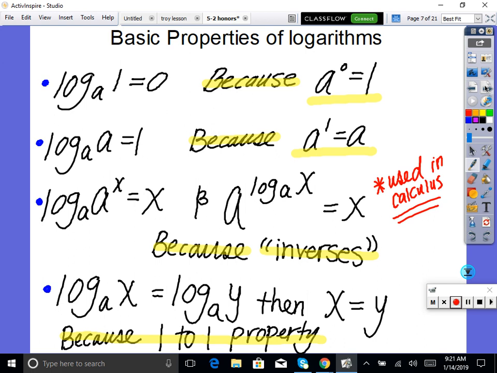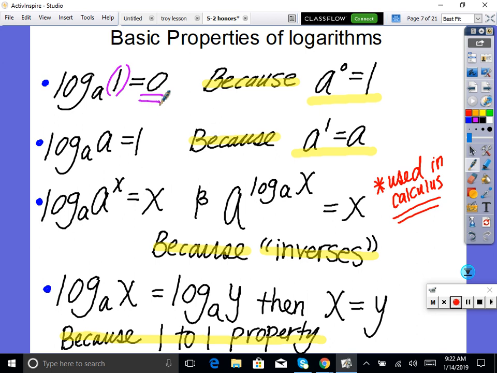Log to any base of 1 will always equal 0. It'll always simplify to be 0. Why is that? Because isn't any base to the 0 power 1? If that's true, then log any base of 1 will always simplify to be 0.